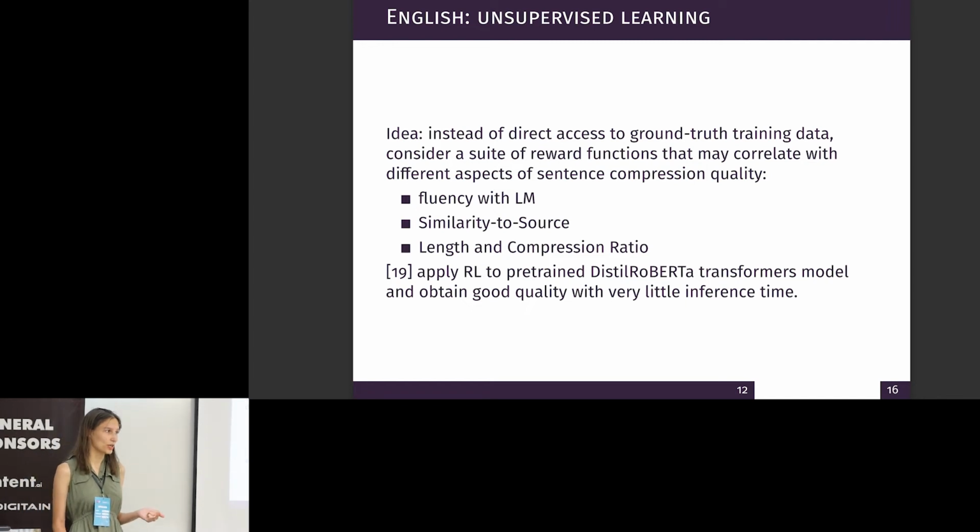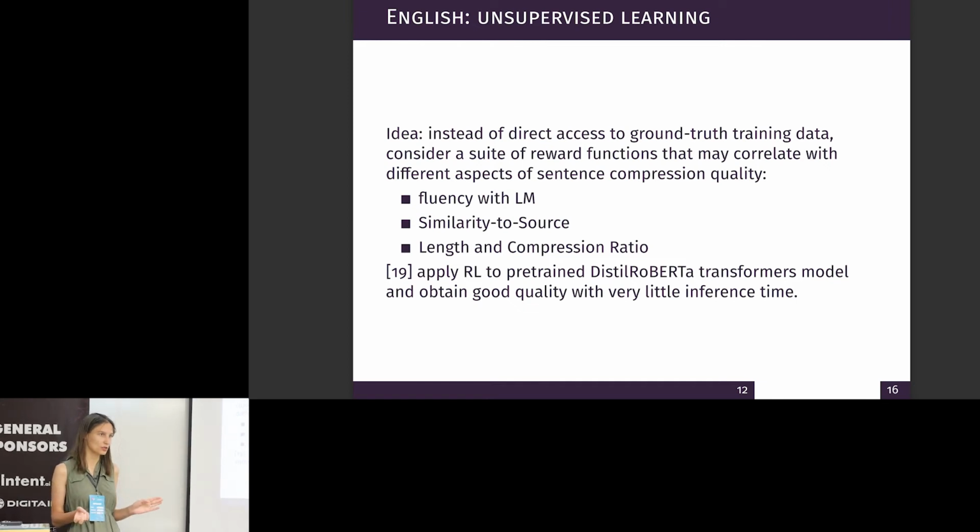Which aspects do we have? We have readability, and then, as we have already seen, fluency with language modeling corresponds to it. Then we have informativeness, and for informativeness, we can compute similarity to source, like how similar a target sentence is to the source, with any similarity score.